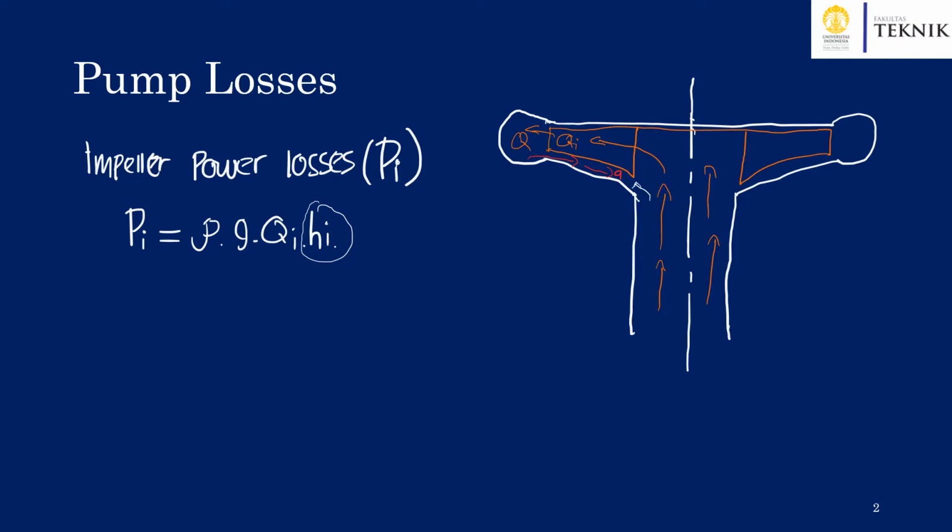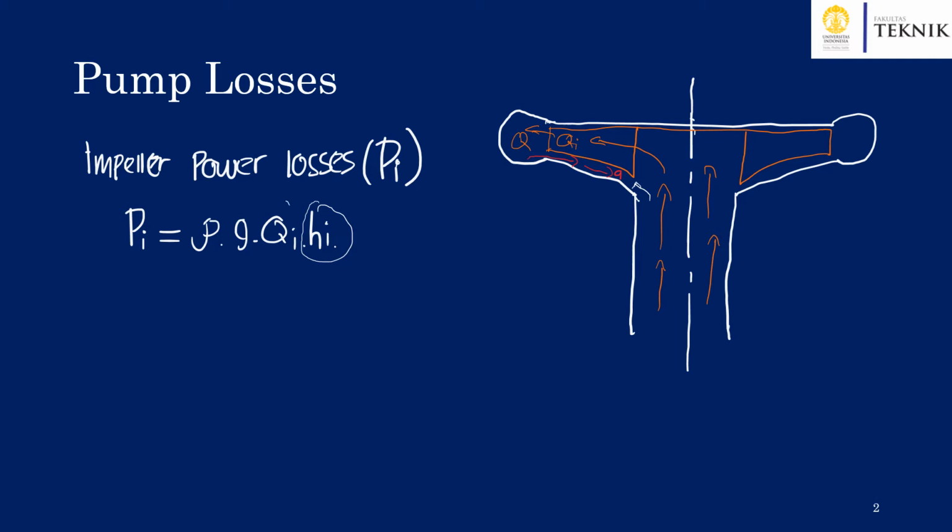The orange arrows represent the fluid flowing into the impeller. This impeller power loss is also attributed to the flow rate of the fluid flowing through the impeller.